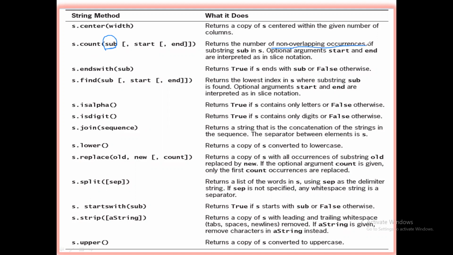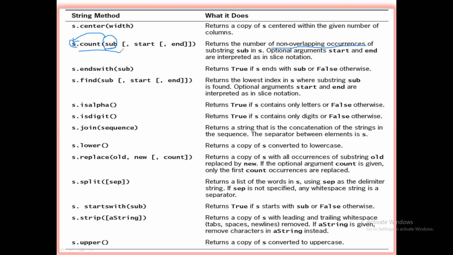You need to remember that. If there are any overlapping occurrences of the substring, it counts only once. Okay. So the number of non-overlapping occurrences of a specified substring in the corresponding string will be returned by this method s dot count.